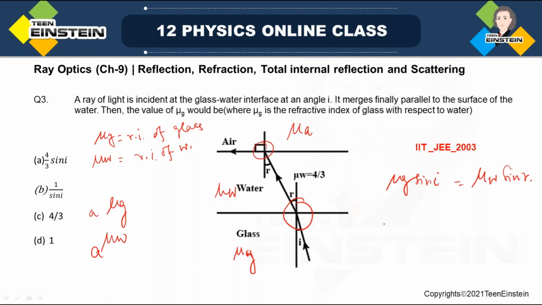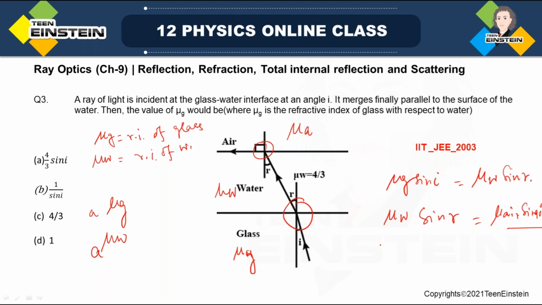Now look here, also we will write mu w sine r is equal to mu air with sine 90 degree, because the ray is grazing the surface of the water.